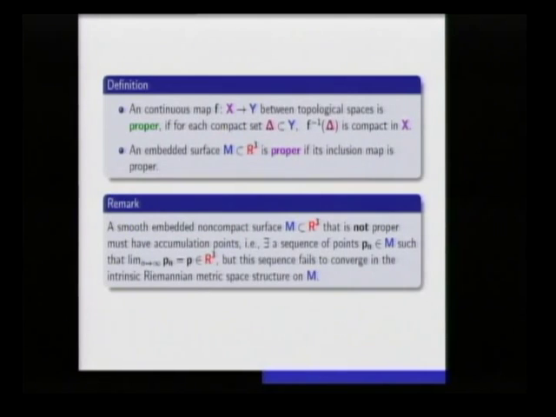They have a limit point. So you have a sequence on the surface which diverges to infinity on the surface, and yet it accumulates in R3, okay? So this is the problem. These surface points don't converge on the surface because they leave every compact set, but they do converge in the ambient space. This is the problem of being not proper, okay?